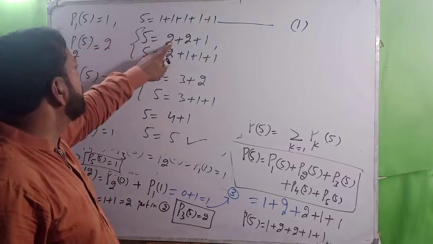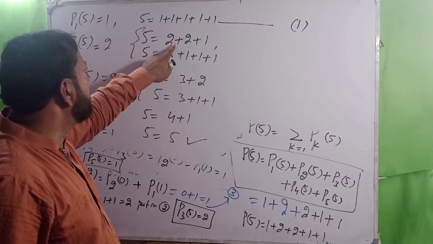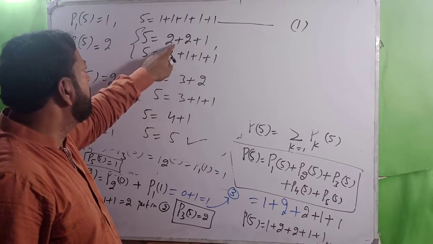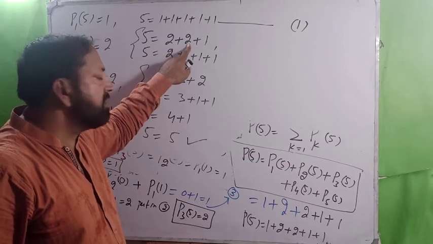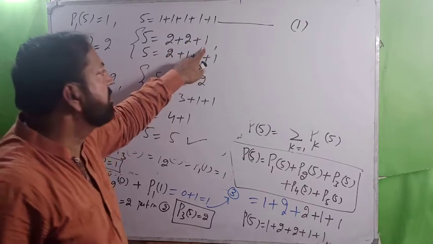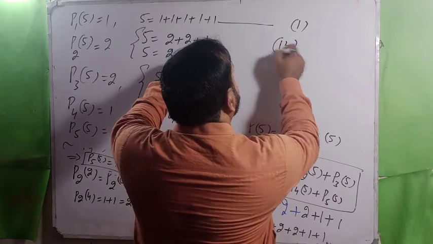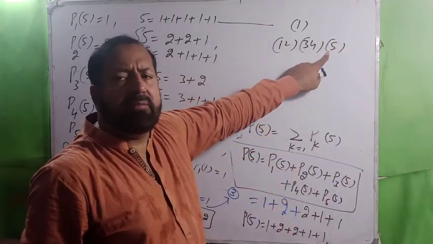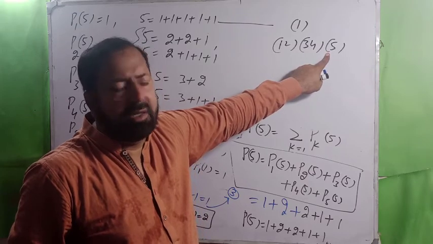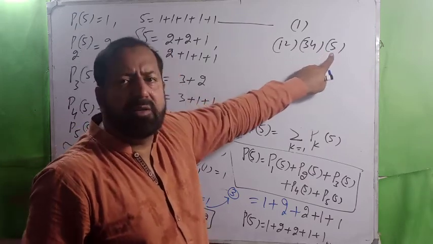Then those elements whose cycle structure is 2, 1, 1, meaning they contain a transposition, and then the rest are fixed points. So its structure is 1, 2, 3, 4 and 5, like this. You write 5 or not, we are not concerned, because it's a fixed point, you can leave it.